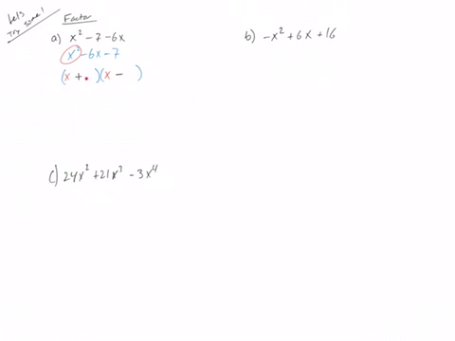Essentially I'm trying to find factors of this third term that will subtract to give me this term. The factors of 7, since it's prime, are just 1 and 7, and I'm going to subtract them somehow to get negative 6.